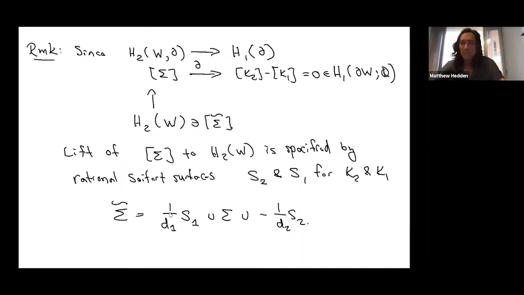Okay. If there's one thing that I've learned from this project, it's that the numerology that comes up when you're dealing with rationally null homologous knots in the context of Heegaard Floer homology can get a little bit tricky. But one thing to take away, if you're ever tempted to move in that direction, is that you should try to not actually think about rational Seifert surfaces.